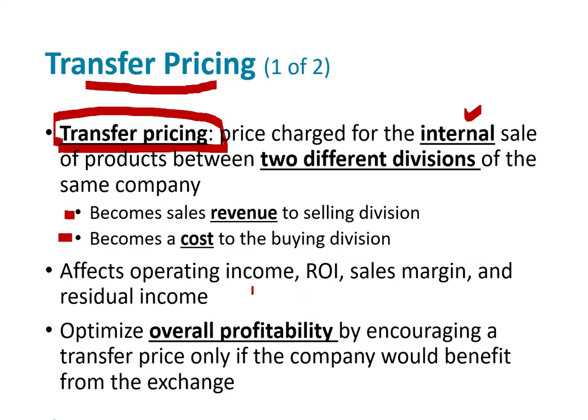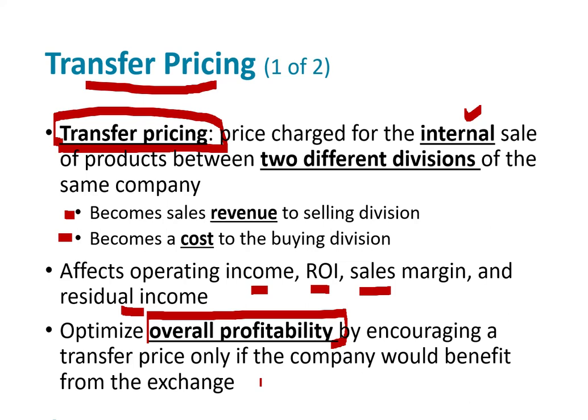And it does affect income, ROI, sales margin, residual income, all of those factors that went into the performance evaluation. So we're trying to optimize the overall profitability by encouraging a transfer only if the company would benefit from the exchange.